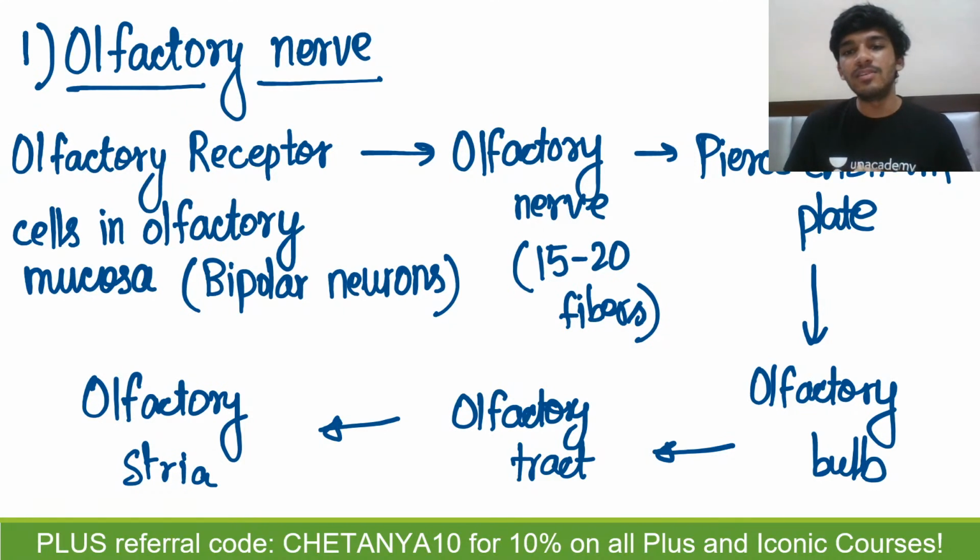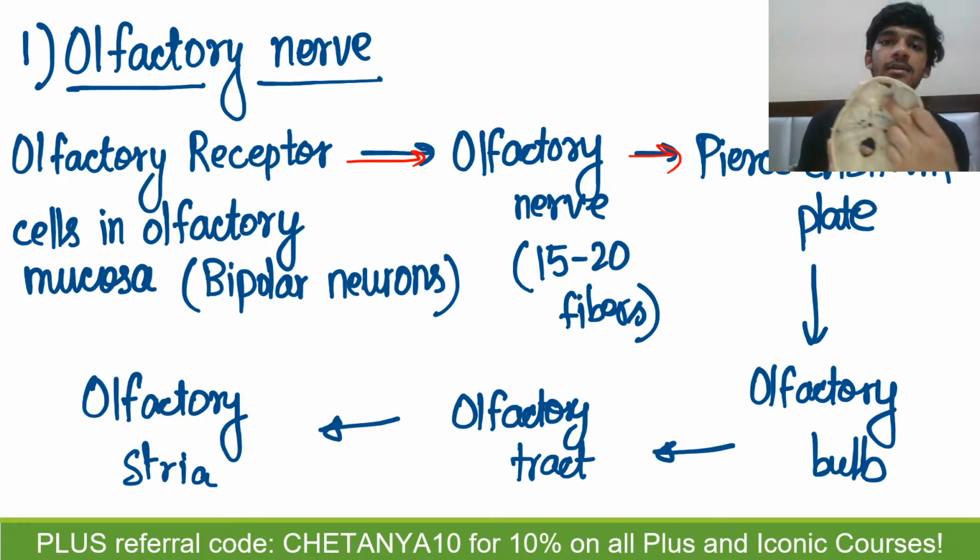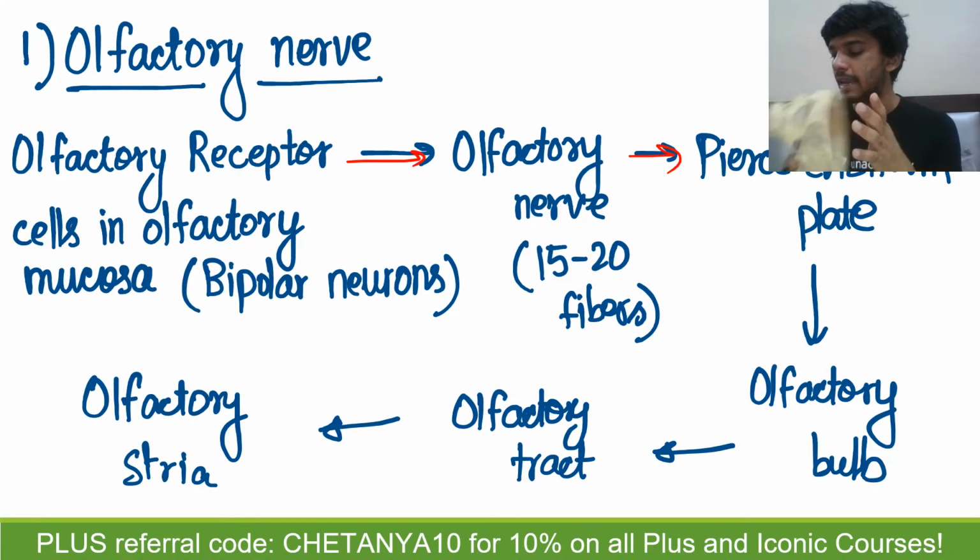So that's about this. And then when you move to the olfactory nerve, we talked about this basic pathway, and I have made this flowchart for each of the cranial nerves. Just draw these in your professional examination and remember these for your PG examinations, because this is the course of the nerve. So the olfactory receptor, olfactory nerves are formed. Here's the cribriform plate. So this is the skull, and here this part is the cribriform plate where you have a projection here called the crista galli.